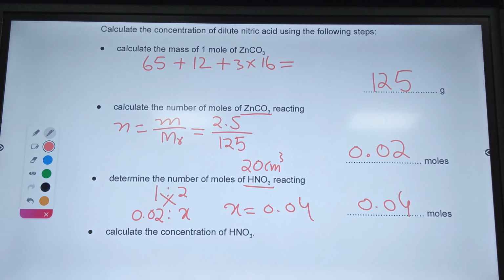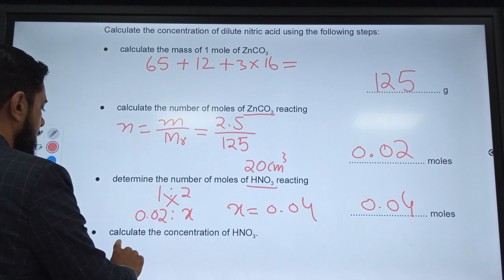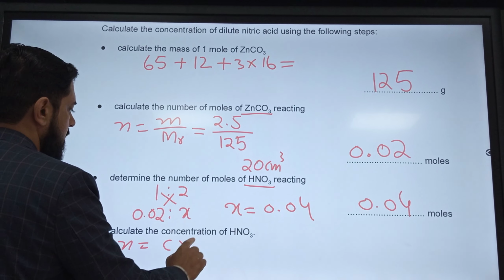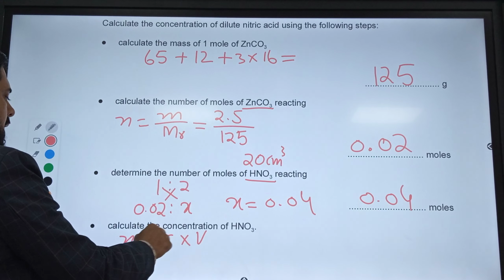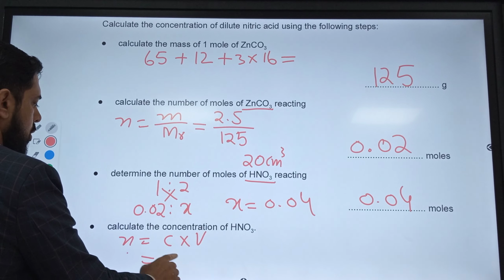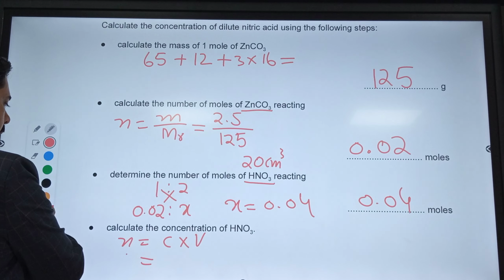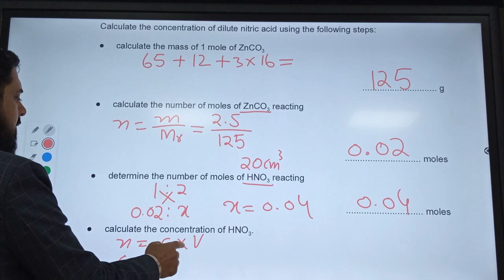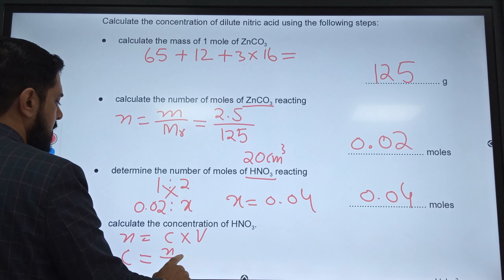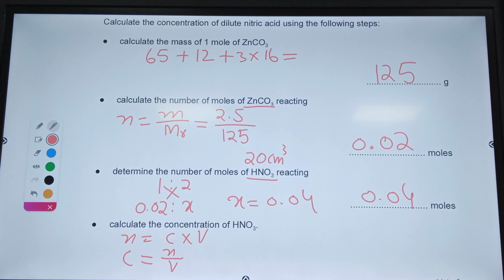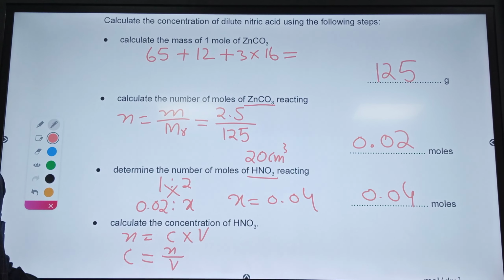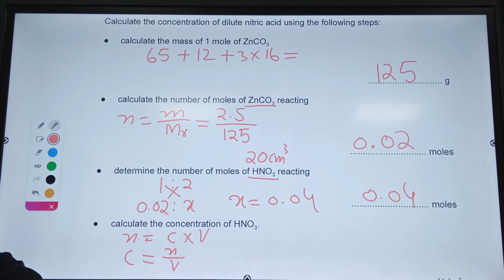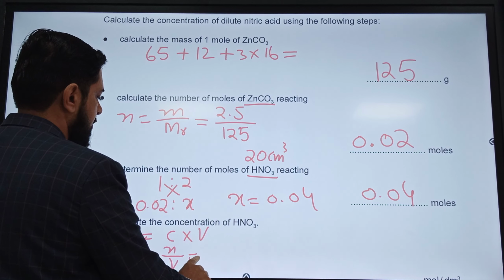Finally, calculate the concentration. Now we can use the formula N equals C times V. As we are going to find C, the formula will be modified to C equals N divided by V. But first, convert the volume into decimeter cube by dividing by 1000.